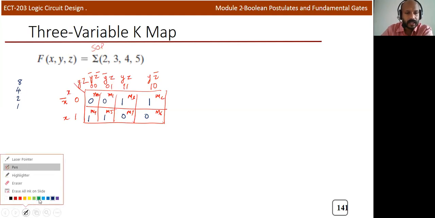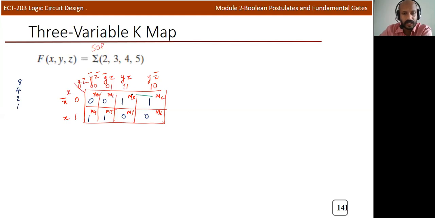Now in this particular case, there is only the option to group these two ones. So we can write the equivalent min term for this particular group. Row wise, if you look, the common term is the 0. So 0 corresponds to x bar. Now column wise, you can see that this 1 is common for both column 3 and 4.